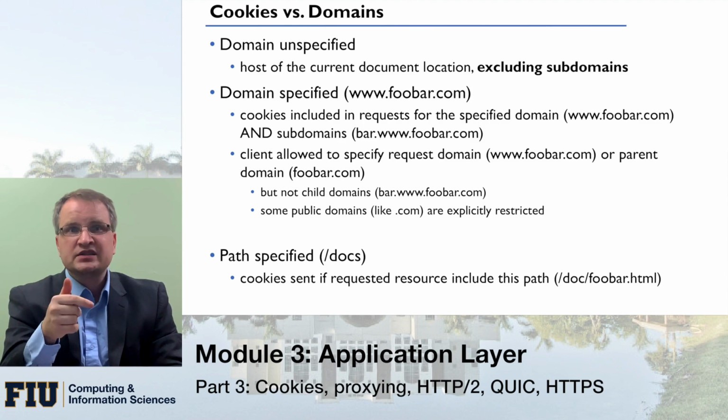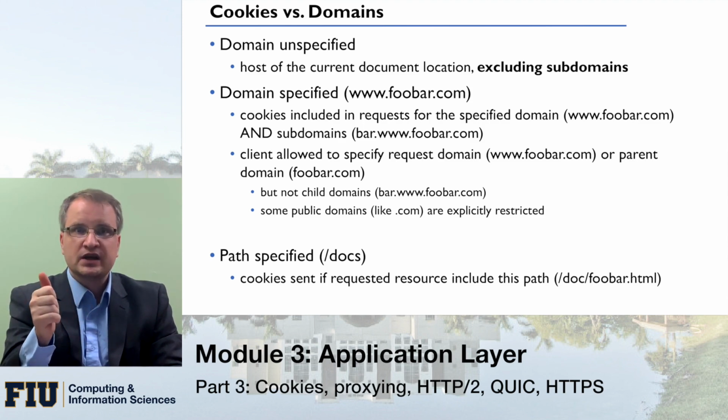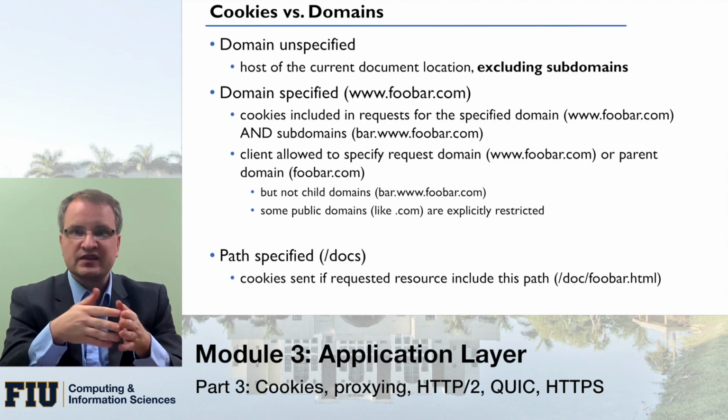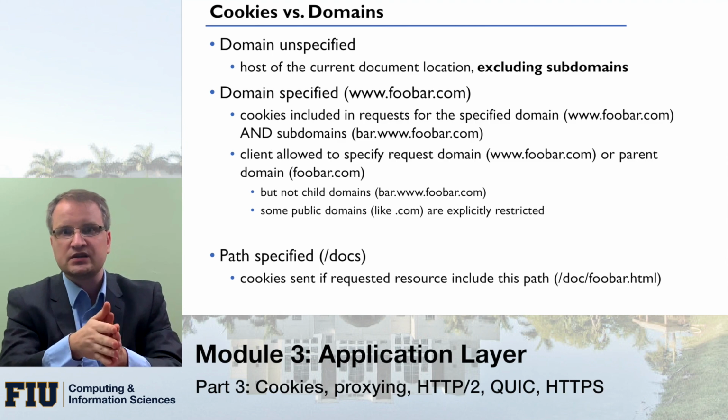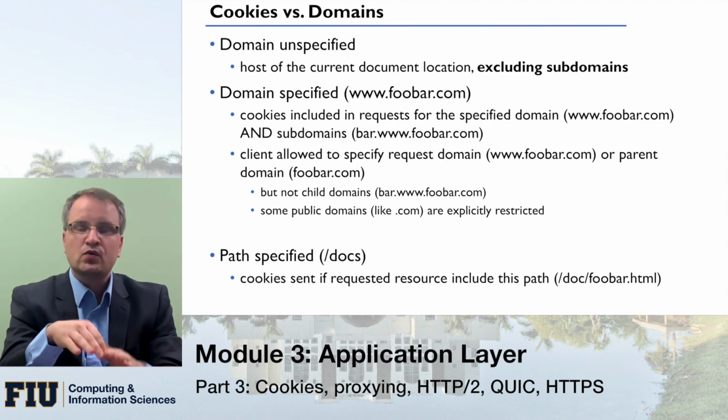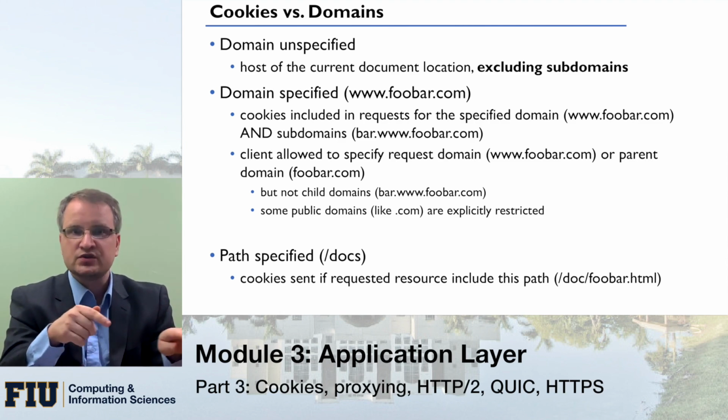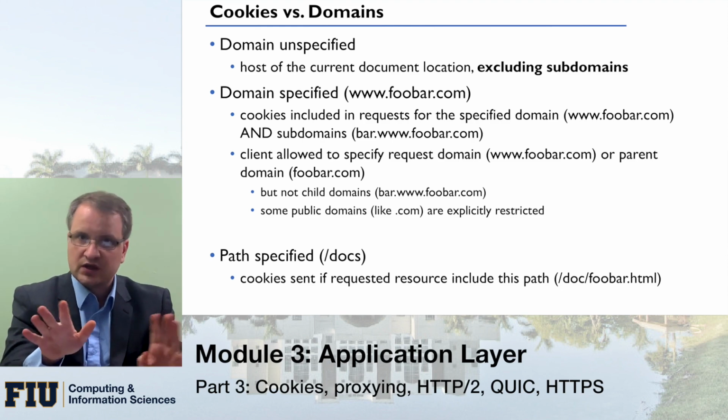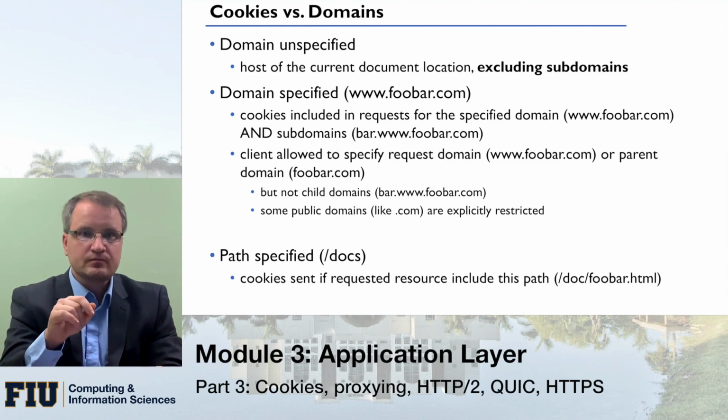For the domain, there are two cases, not specified and specified. First, if it's not specified, then the cookie is only applied for requests to the domain that you went to. So if you went to www.foobar.com, then the cookie will only be set for this domain name and nothing else. It's not going to be set if you go to just foobar.com or to another subdomain of foobar.com. So that's not the case.